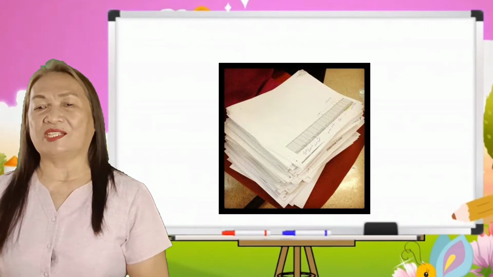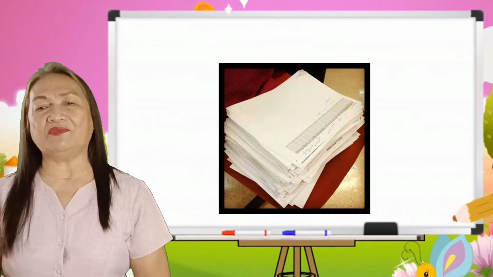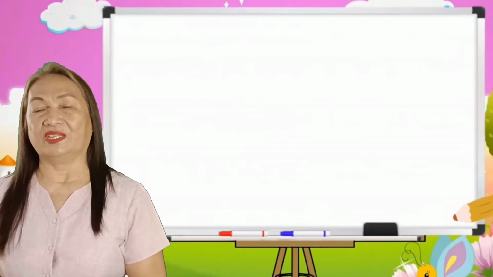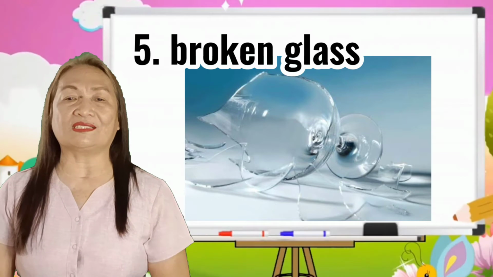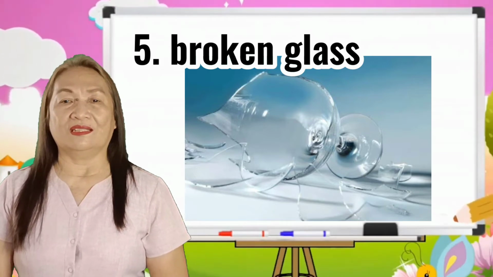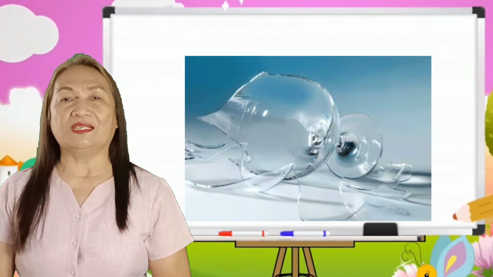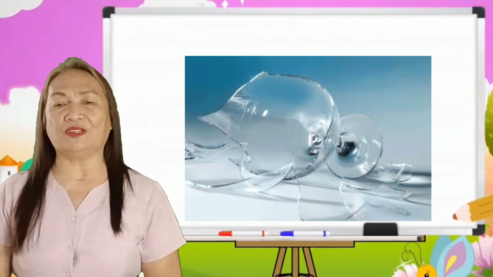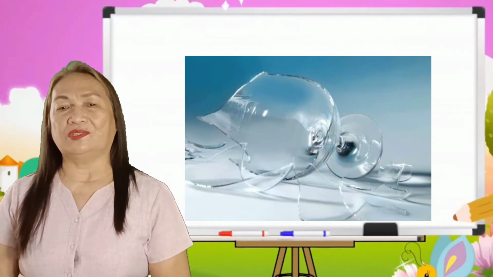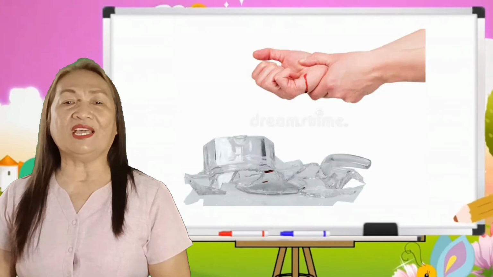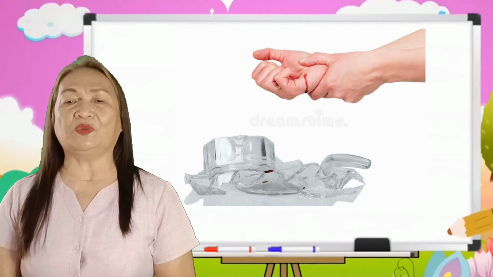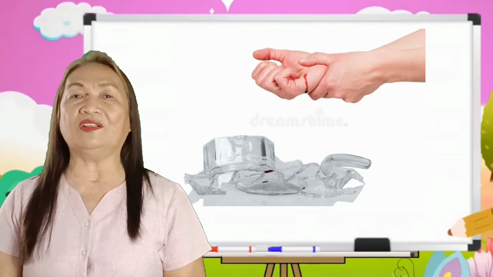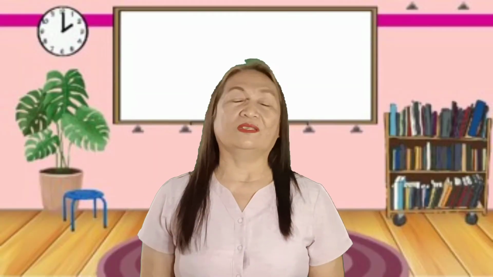Very good. Scratch paper can be recycled. Number 5 is broken glass. The answer is harmful. Terrific! Broken glass is harmful because it can cause wound if you will not handle it properly.